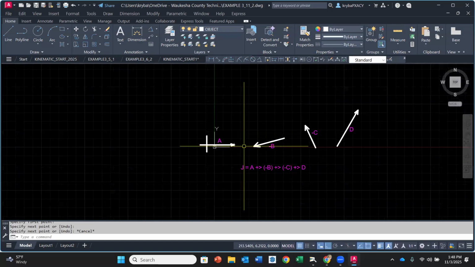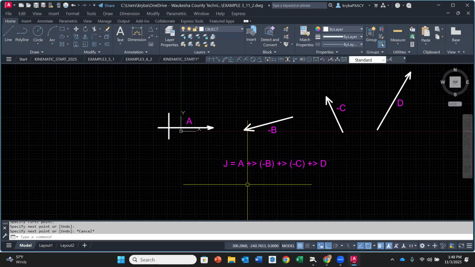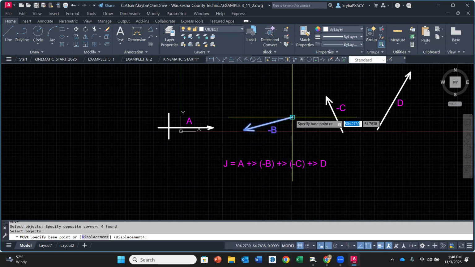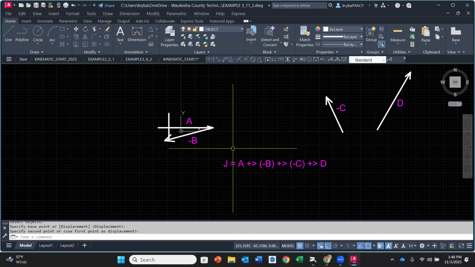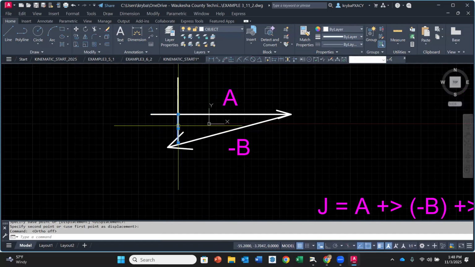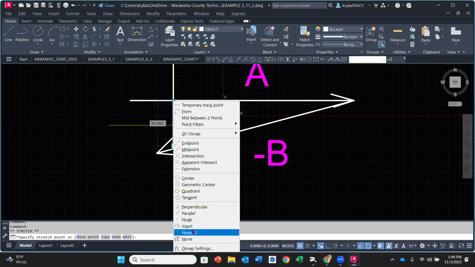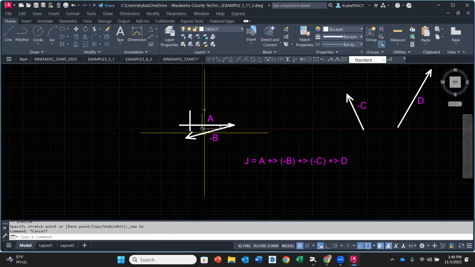Now, according to our equation, I'm going to add the negative B. B is in its negative orientation, so I'm simply going to move this. Its tail is going to go to the tip of A. Of course, I made my origin a little too long, so I will put that up nearest so it's not in the way.